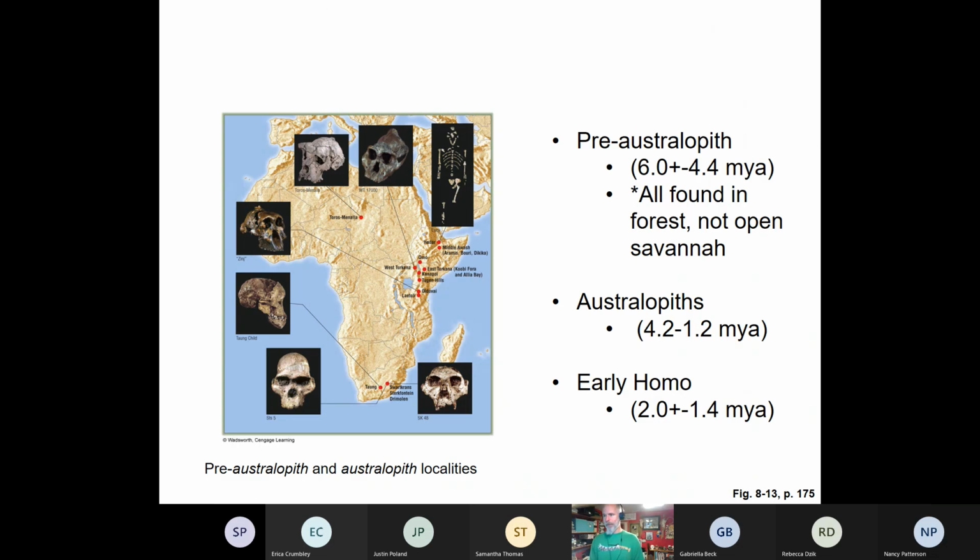But first we have to travel through a pre-Homo phase of pre-Australopithecines, and we very much have fragments of skeletons. We're not talking about whole skeletons. In fact, every time there's a major find, we're not finding a full skeleton. We're finding partial remains of the skeleton.